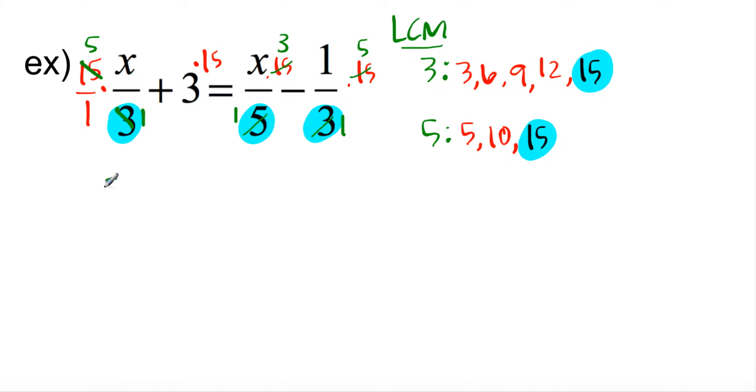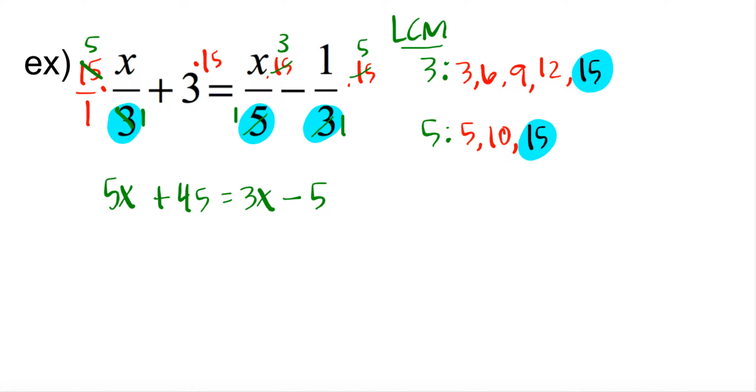5 times x leaves us with 5x plus 3 times 15 is 45 equals 3 times x is 3x minus 1 times 5 leaves me with minus 5.